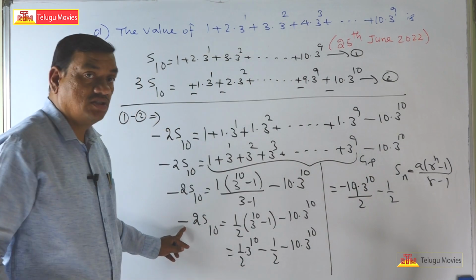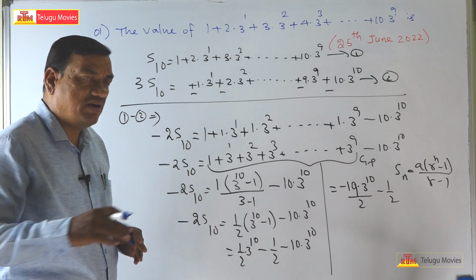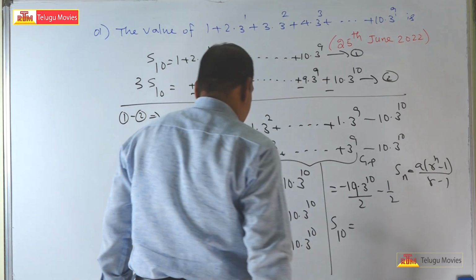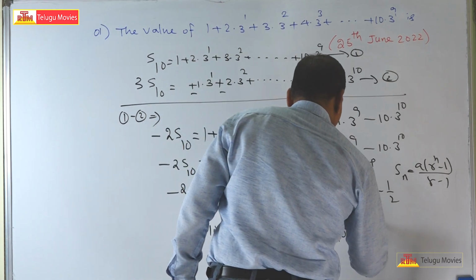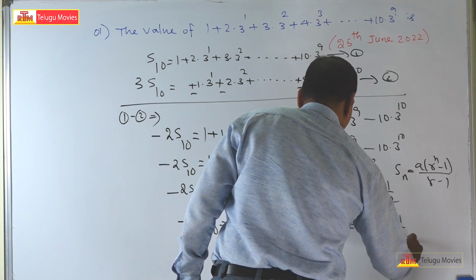This is minus 2 times S10. You multiply with the minus and divide by 2. So S10 is equal to 19 into 3 power 10 upon 4 plus 1 by 4.